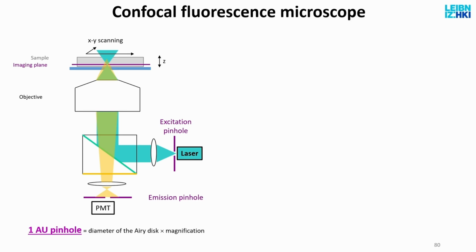But if I tell you that my pinhole size was, I don't know, 10 micrometers, that doesn't tell you anything. But if I tell you it's 1 Airy unit, I know that under those conditions, whatever the color was, whatever the lens was, it was matching the first Airy maximum. That's much more informative than the physical size.